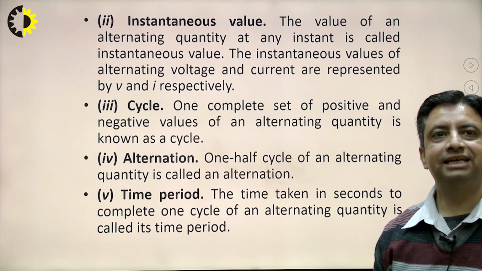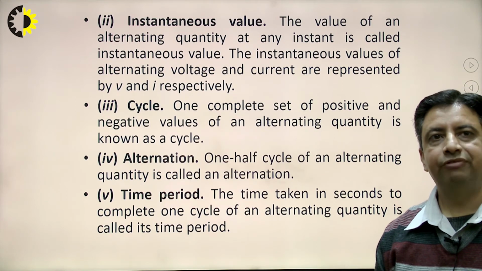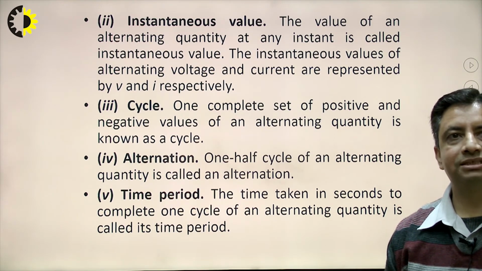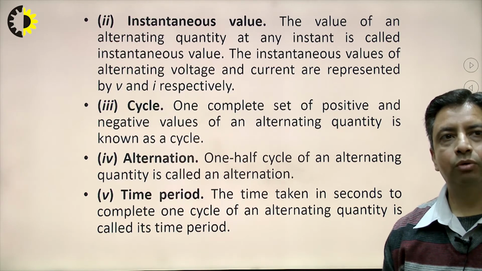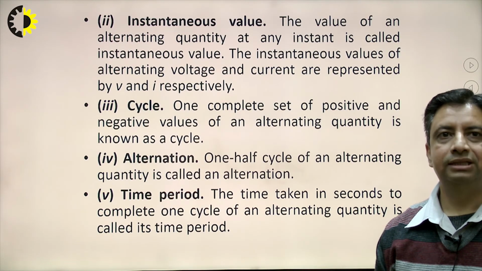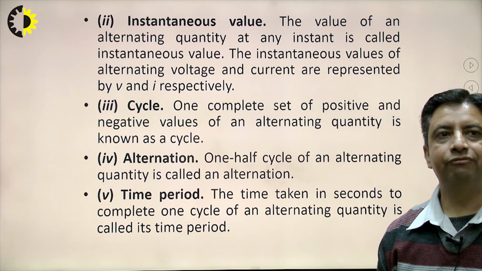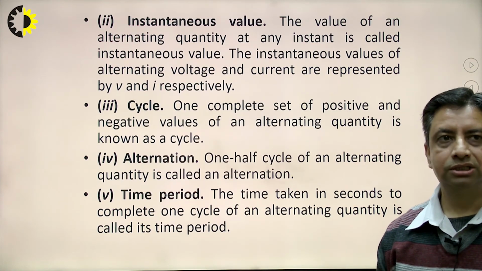Second is the instantaneous value. As we have seen in the expression, small v or small i represents the instantaneous value. The definition of instantaneous value is the value of an alternating quantity at any instant. The instantaneous values of alternating voltage and current are represented by small v or small i.